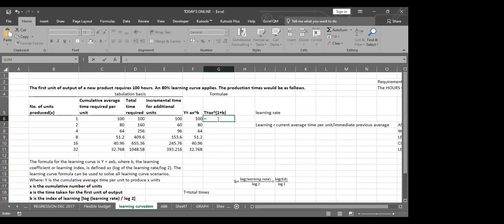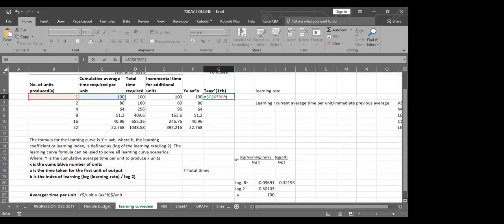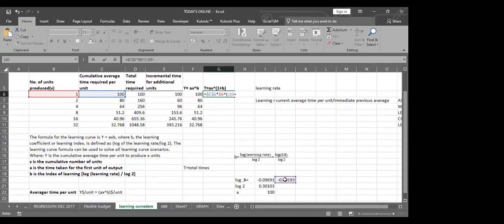So how can we get the total? Now we have the formula. To get the totals, we take A, which will remain relatively the same, multiplied by X, which will change depending on different scenarios. Then you raise to the power of this figure here, plus 1.